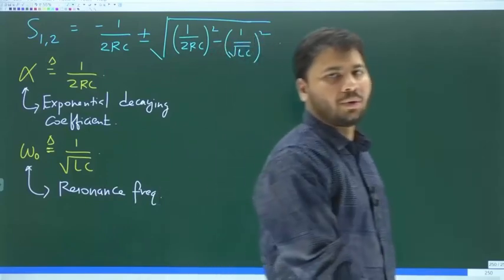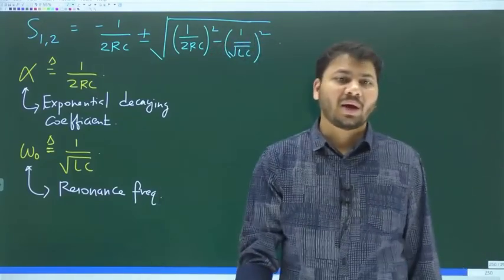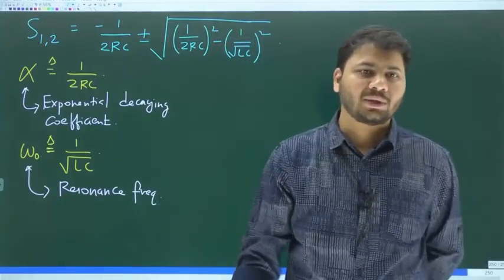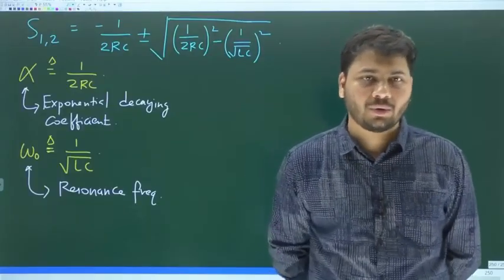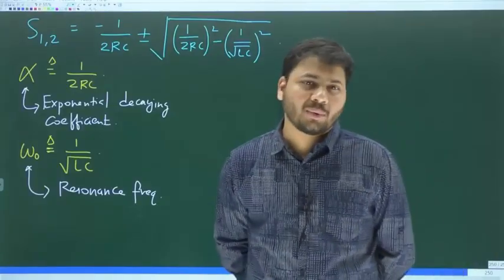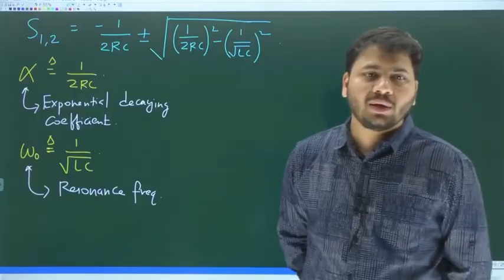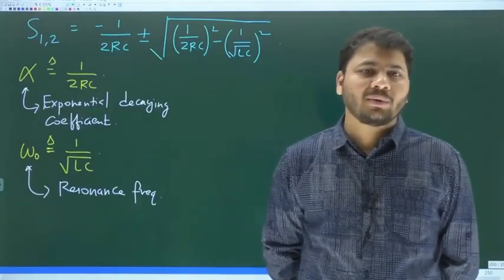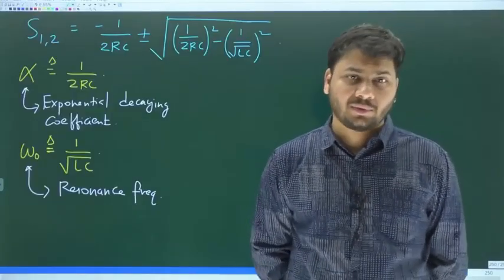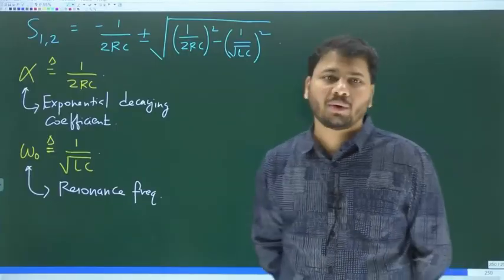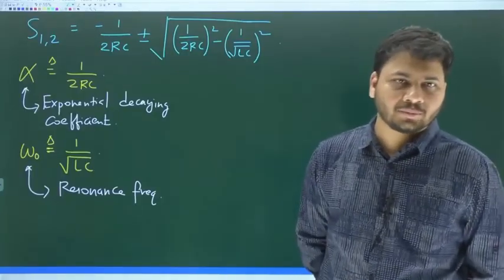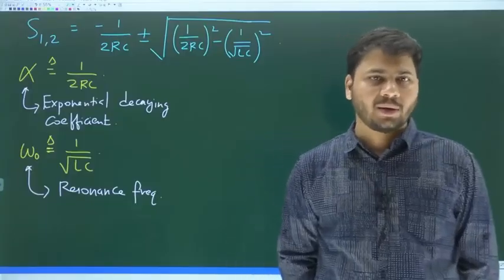So what are the two new factors? One is alpha, which is called the exponential decaying coefficient, and alpha is equal to 1 by 2 RC. And the other one is omega naught, which is called the resonance frequency of the network, and it is equal to 1 by root LC. These two factors are extremely important.